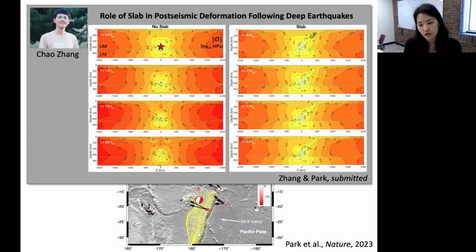If you're talking about a case where the rupture of the deep earthquake goes outside the slab, it would usually still initiate inside the slab, and your rupture would be close to the slab. We haven't actually tried to model where part of the rupture is in and part of the rupture is outside the slab. But that's maybe something to be tested.